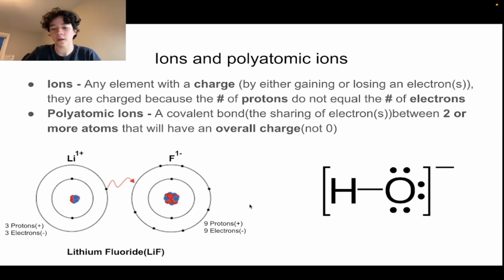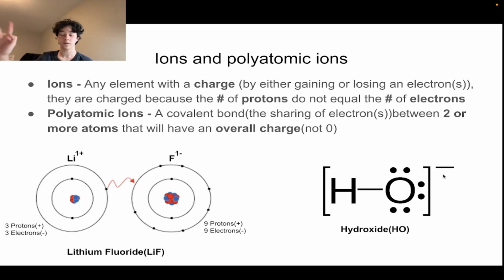Next we have the polyatomic ion, and this polyatomic ion is called hydroxide. As you can see from the title screen, it's a sharing of 2 or more atoms that will have an overall charge. Hydroxide here is between hydrogen and oxygen, and they're sharing their electrons, and they have an overall charge of -1. There's no 1 written, but that's negative.